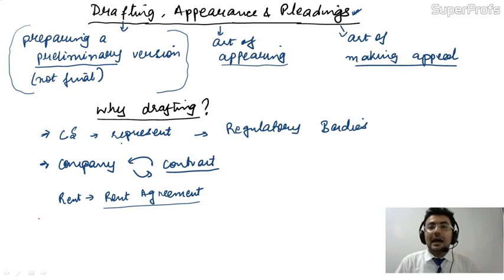And pleadings is the art of making an appeal. Let us suppose your crush says no, I'm not interested, then what are you going to do? That means the art of making an appeal. Let us suppose you say, if you are not going to say yes, I'm going to tell your mom that you are already in an affair with a couple of boys or girls. There can be a logic for making an appeal.